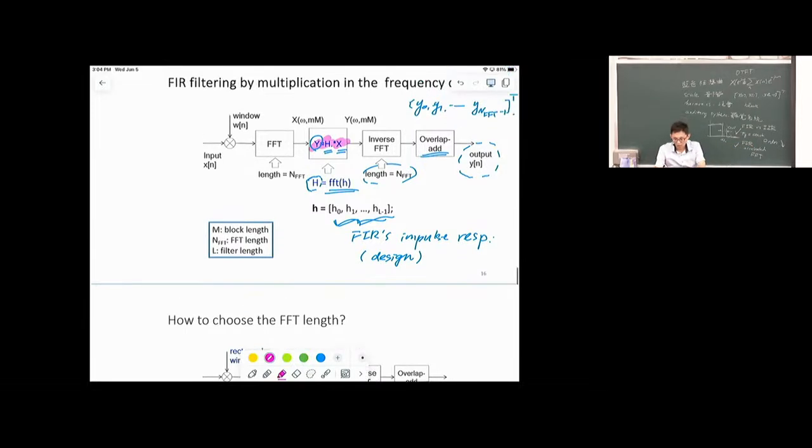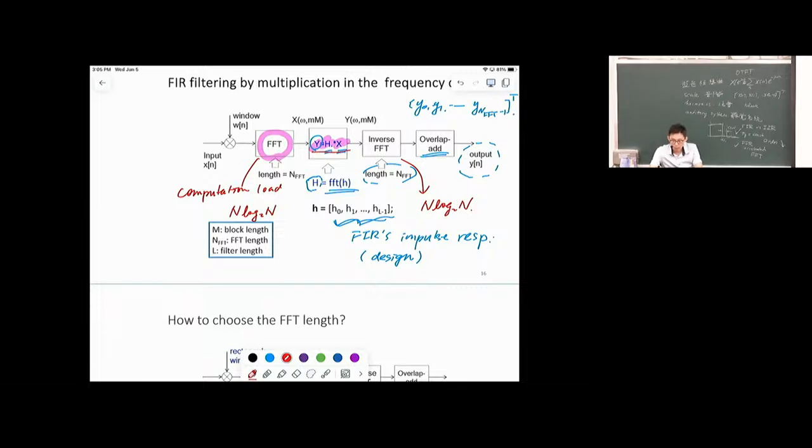So for the FFT, the computation load might be n log 2n for every block, and the inverse transform is also n log 2n, roughly speaking.